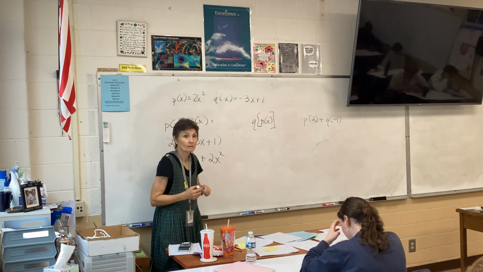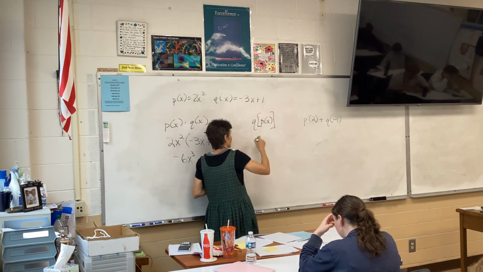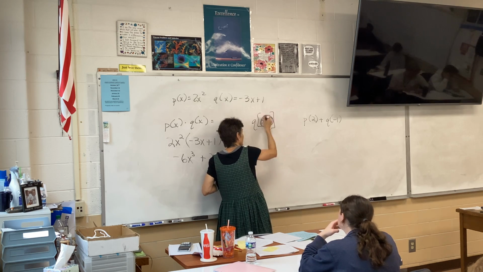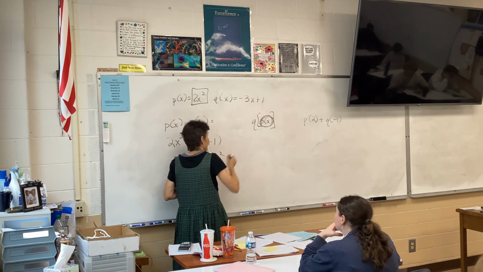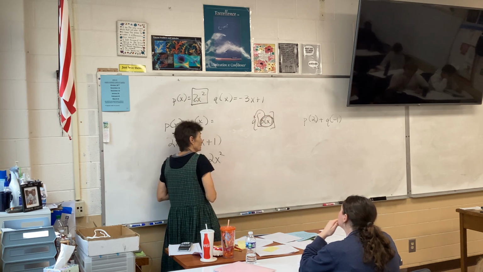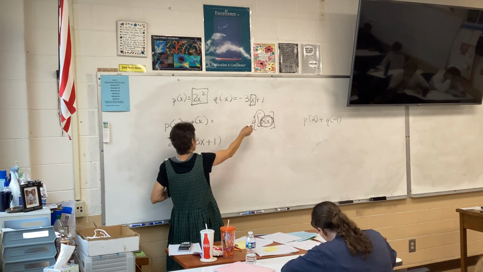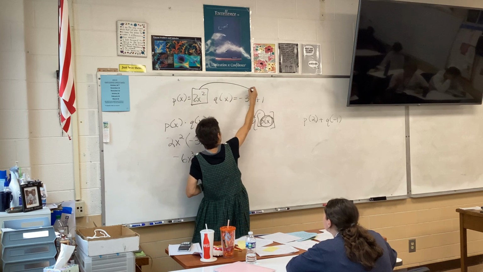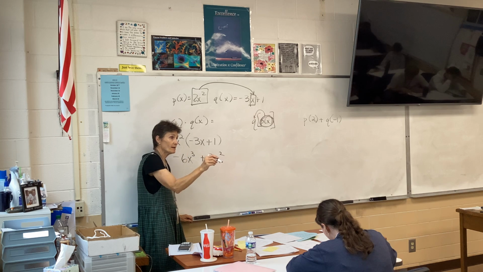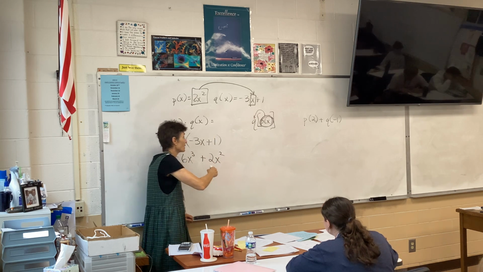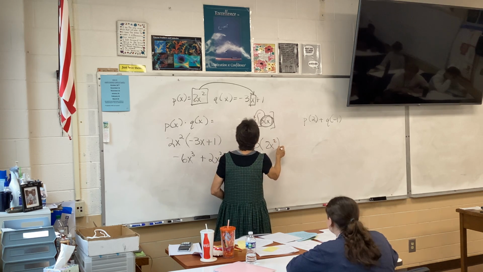Put X in the P and then put that answer in the Q. So this literally says, take the P function, which is right here, and put it into Q. So we're gonna take whatever P is, and we're gonna plug it in for X in Q. P goes into Q. So negative 3 times 2x squared plus 1.